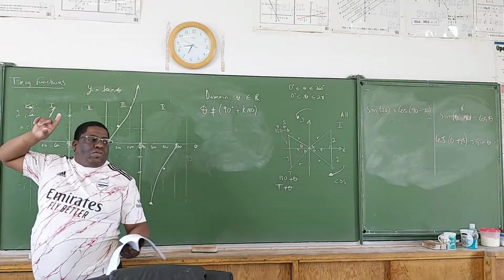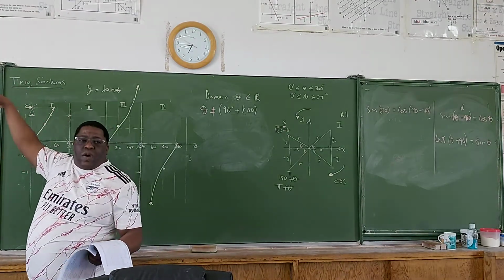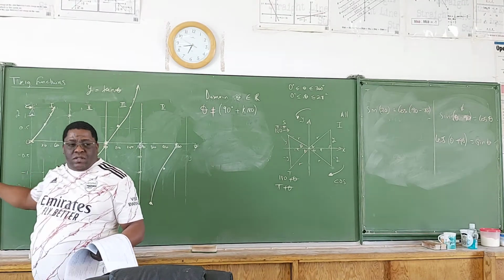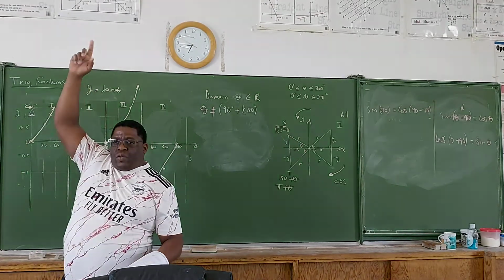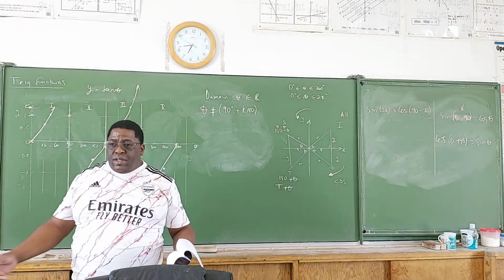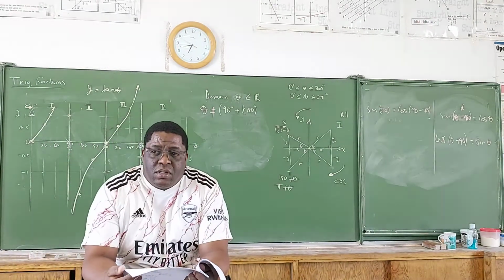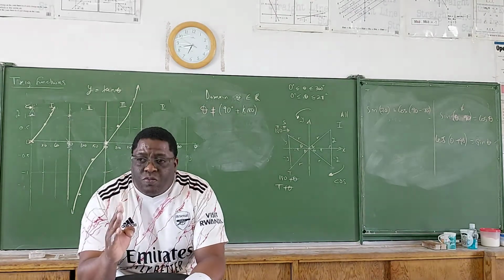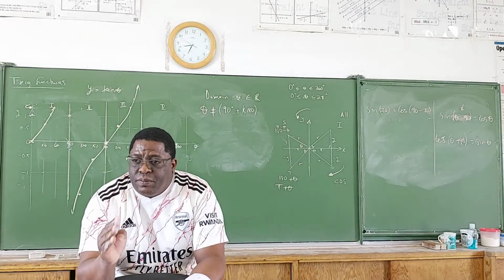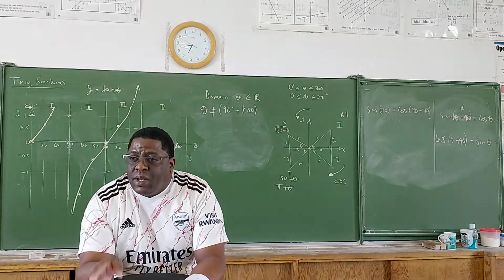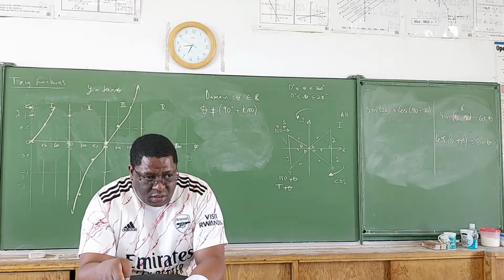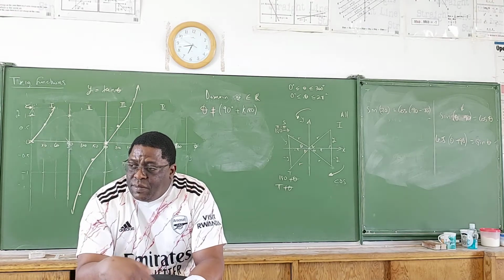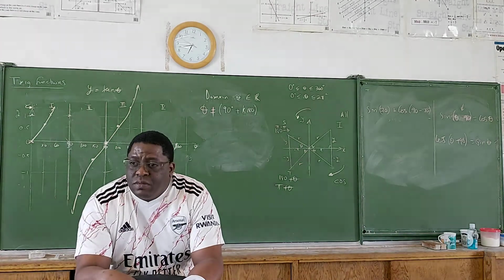The other cosine and the sine have a range only between 1 and negative 1. But the range of the tangent, since it goes up to infinity and down to infinity, is just y is an element of all real numbers. But the domain has got restrictions. The domain has a restriction for values of 90 plus some integer multiplied by 180. So 90, minus 90, 270, minus 270, 540, minus 540.